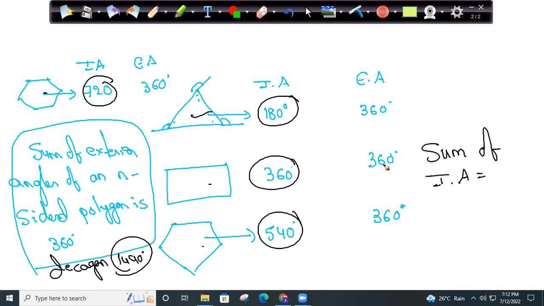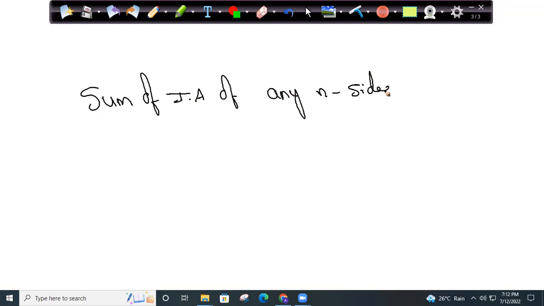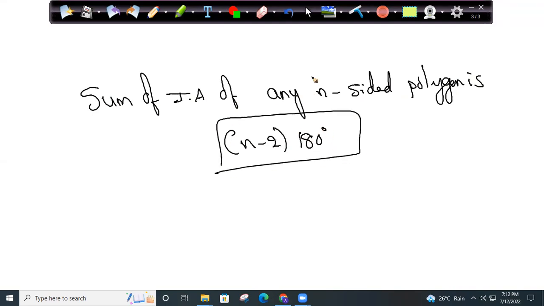The sum of interior angles of any n-sided polygon is given by (n minus 2) times 180 degrees. Do n minus 2 multiplied by 180 degrees. So what I meant to say here is, suppose I have a hexagon.